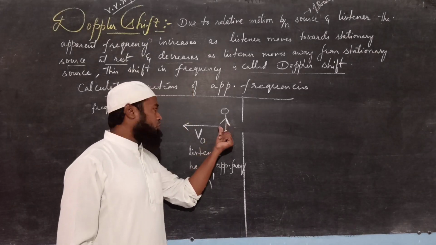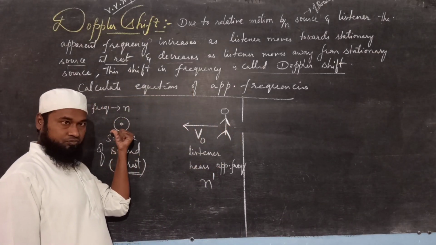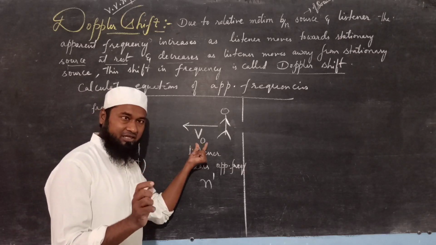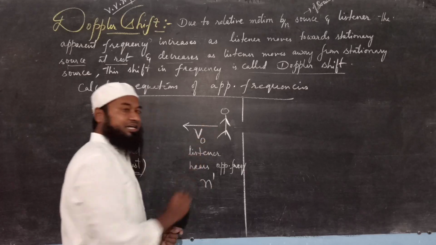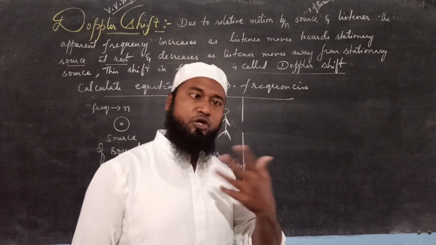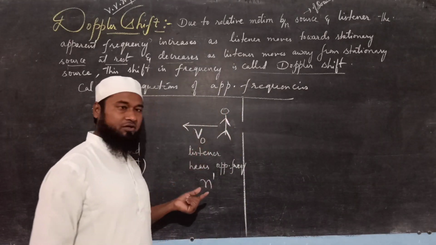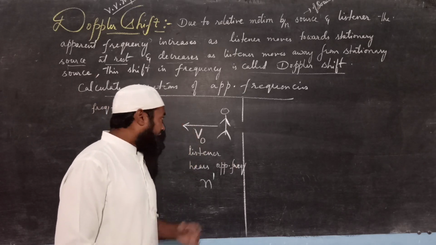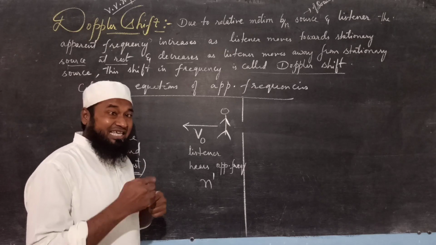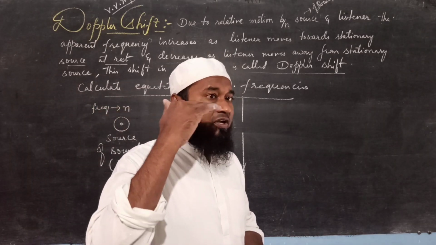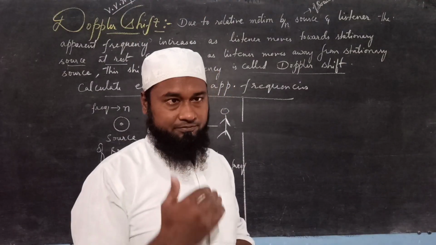As the listener moves towards the source of sound, his velocity will be something. Let the velocity of the observer, that is the listener, be denoted by V naught or VO. As the observer moves towards the source of sound, each time the frequency will go on increasing.